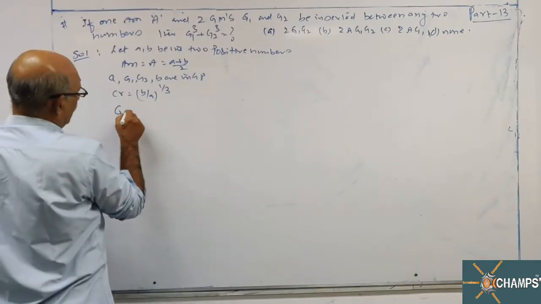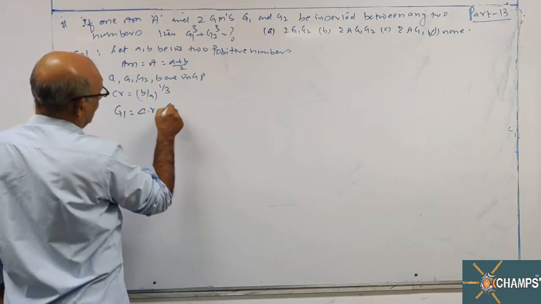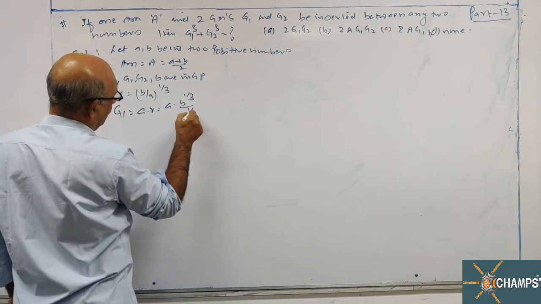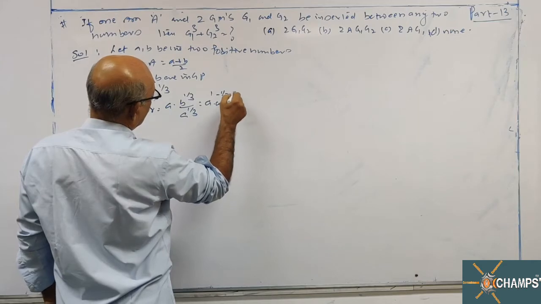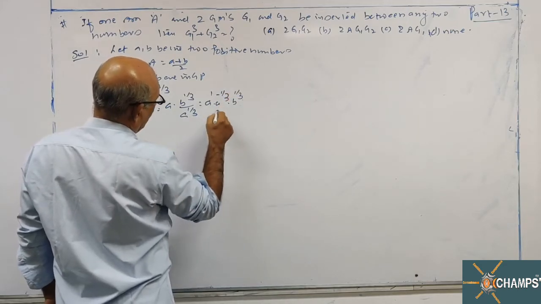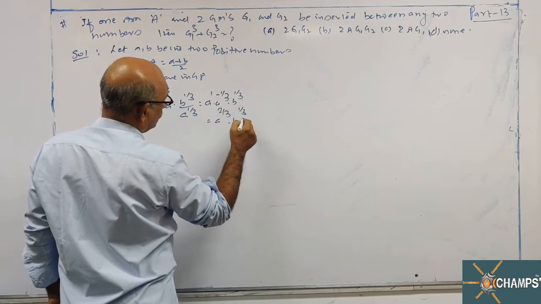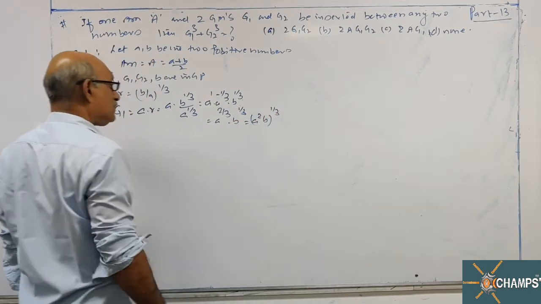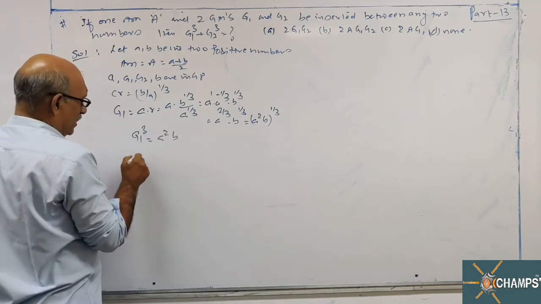Now G1 is equal to a into r, which is a into b to the power 1 by 3 by a power 1 by 3. This is a to the power 2 by 3 into b power 1 by 3, which is (a square b) whole power 1 by 3. G1 cube is equal to a square b.